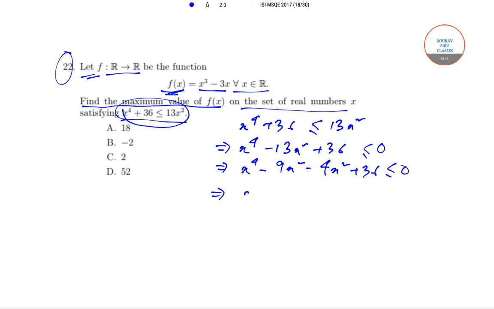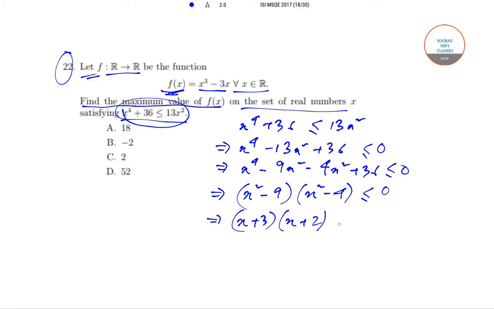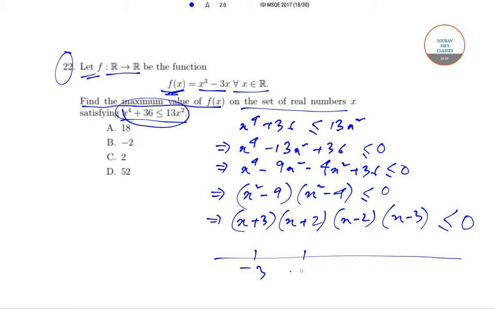This will imply that (x^2 - 9)(x^2 - 4) is less than or equal to 0. This will imply that (x + 3)(x + 2)(x - 2)(x - 3) is less than or equal to 0. So now if we plot it on a number line, this will come down as -3, -2, 2 and 3.